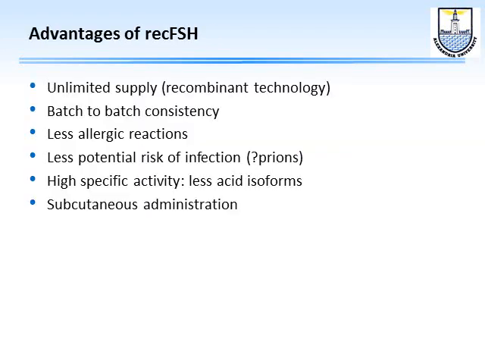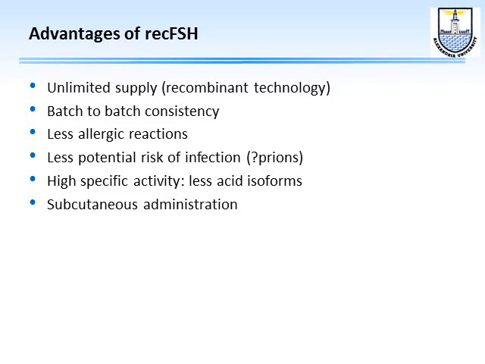But still, the drug companies said, well, the recombinant FSH has its advantages. We can give you an unlimited supply. There are no batch-to-batch differences. It produces fewer allergic reactions.